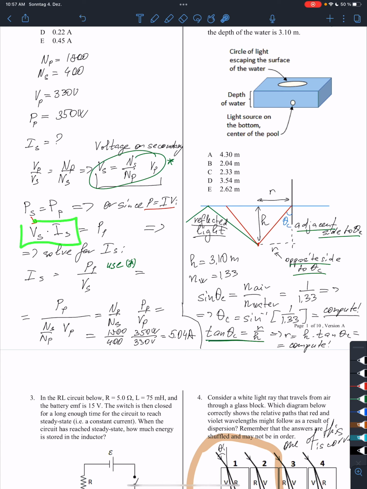But we also know that the voltage in the secondary times the current in the secondary is the same as the power in the secondary, right? So this is the definition of the power. We found the voltage in the secondary, and over here, the power in the primary, we know, so we can solve for the current.